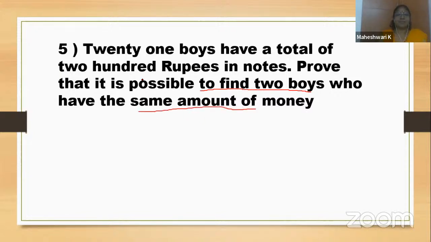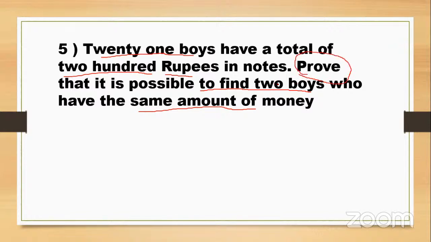There are 21 boys with a total of 200 rupees. So how do we go about the proof? Can we apply the pigeonhole principle directly here? We just have to prove it.